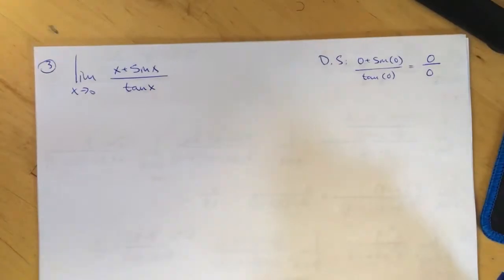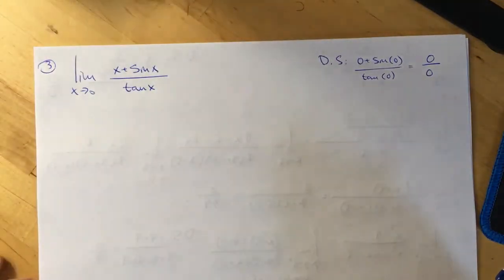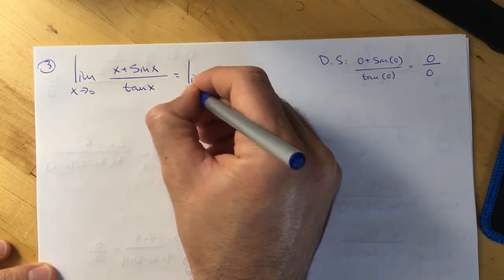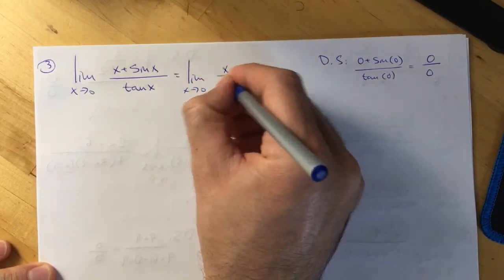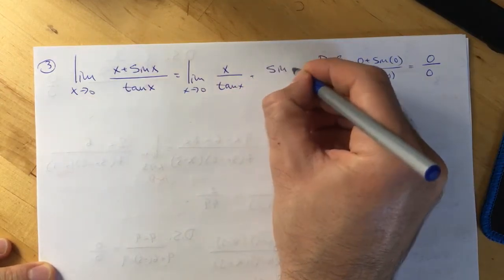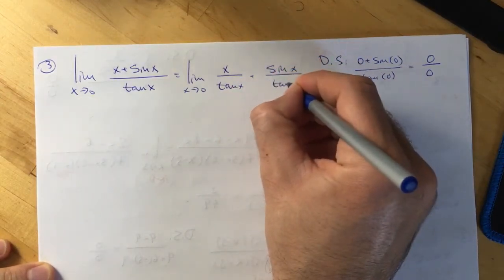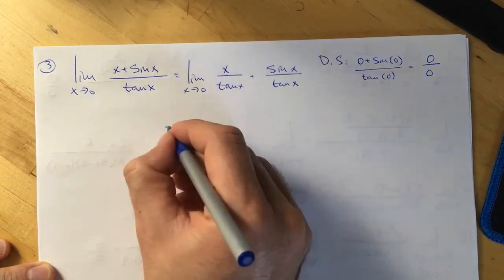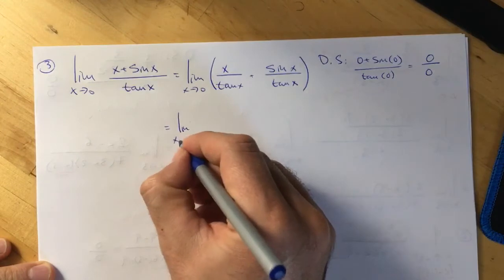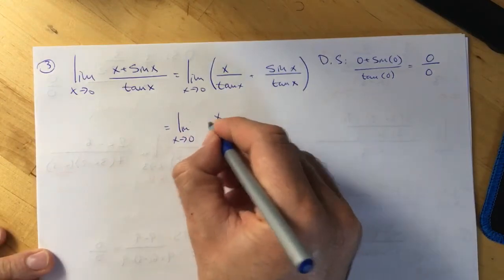One way to approach this is simply to note that this is a limit of a sum, and the limit of a sum can be written as the sum of the limits.